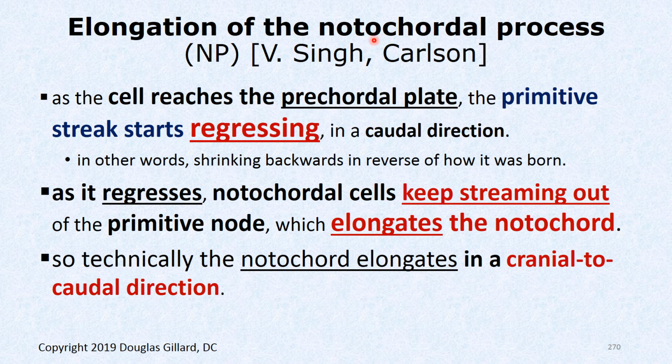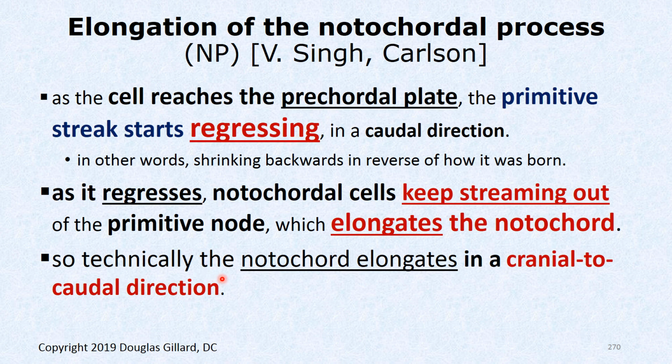All right, we talked about how it elongates already. Once the stream of cells bumps into the prechordal plate, they can't go forward anymore. So they start regressing backwards as the primitive streak starts shrinking. As the primitive streak regresses, the primitive node is still spitting these cells out, and therefore it expands going backwards.